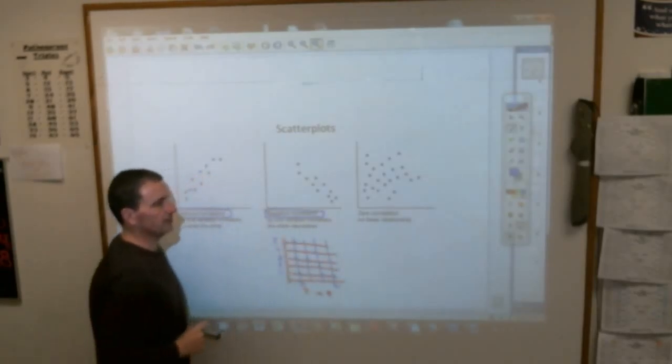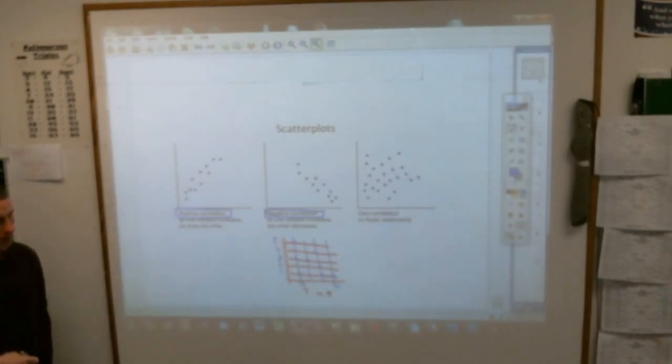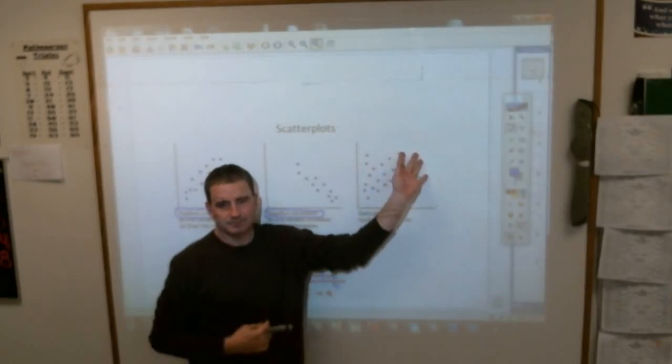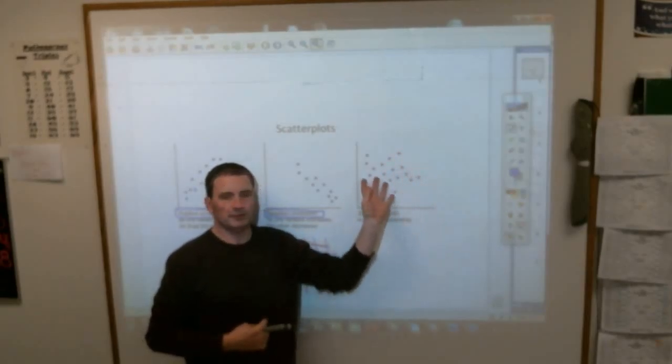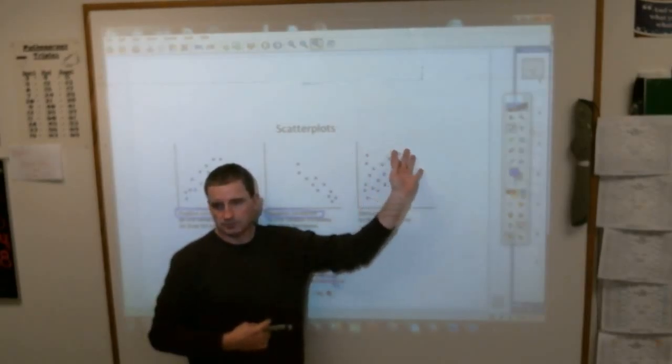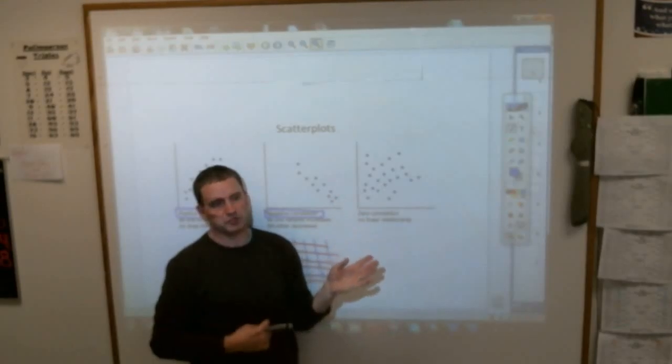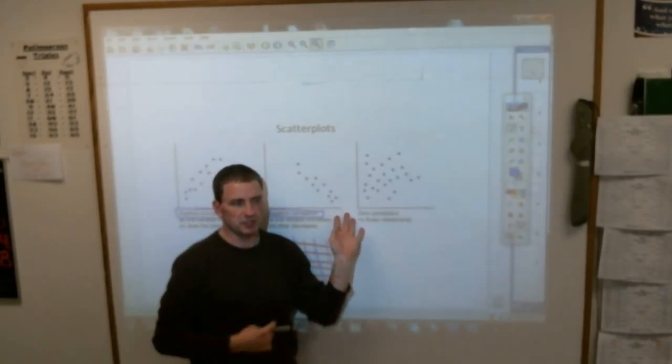That's example number 2. And the third thing is, sometimes when you do a scatter plot, they're not going to have any correlation at all. For example, age and shoe size. Age and shoe size probably does have some correlation up until you get to be about 10, 12, 14 years old.